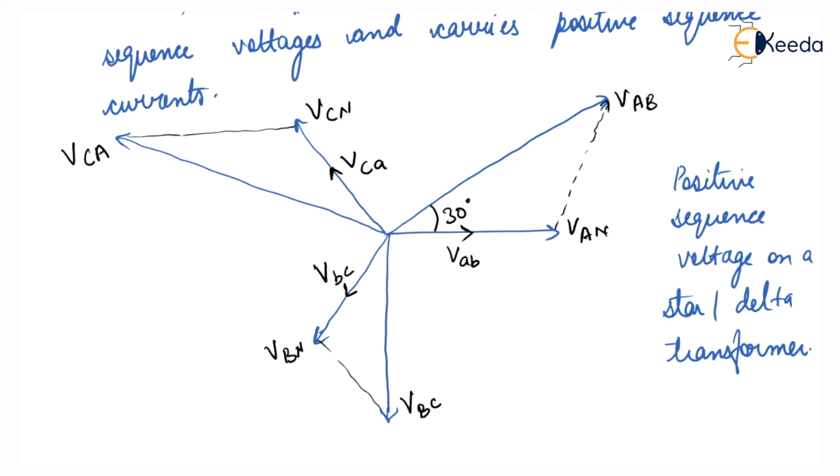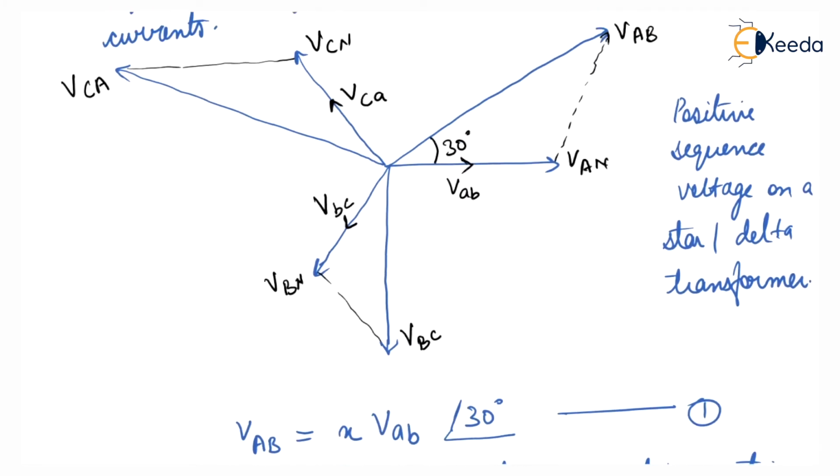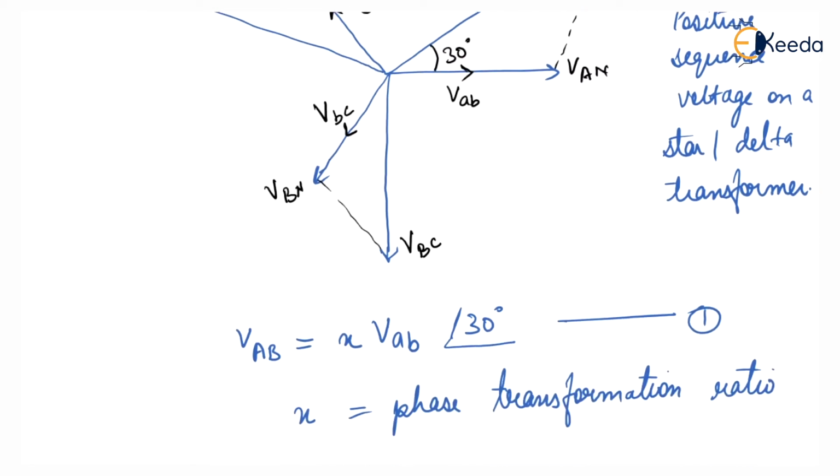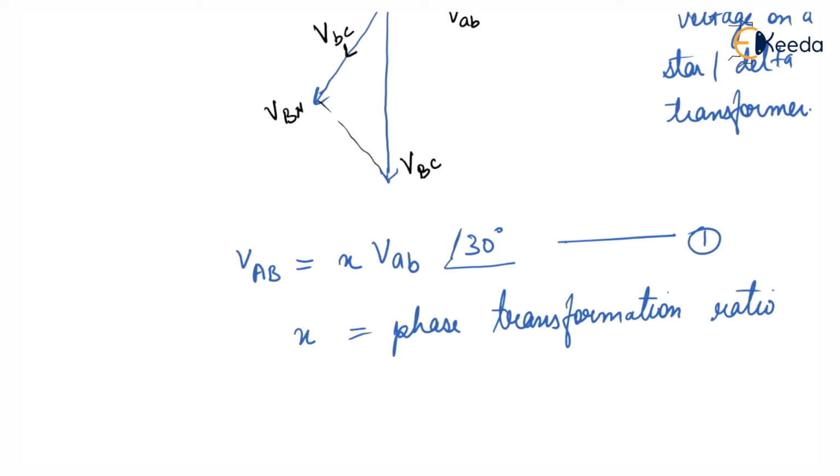So VAB equals x VAB angle 30 degree. This is the equation number 1, where x is the phase transformation ratio. So from equation number 1, the positive sequence line voltage on star side lead the corresponding voltage on the delta side by 30 degree.